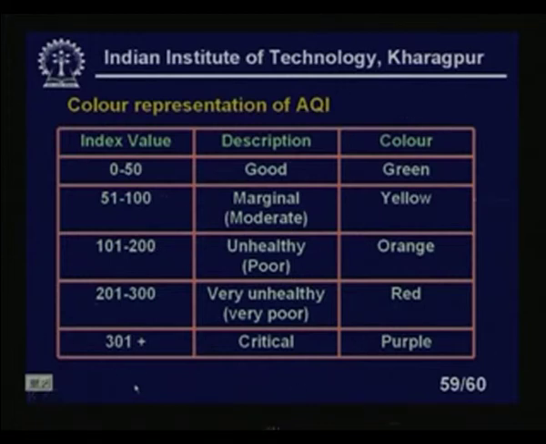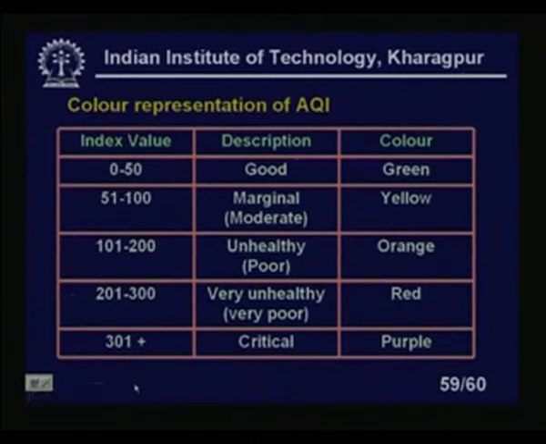Now, this is a color code representation of AQI. We have given color codes so that anybody can understand. Green always means friendly, as in green environments, which are always a good environment. So 0 to 50 AQI value is green, it is good. 51 to 100, marginal or moderate, we have yellow.